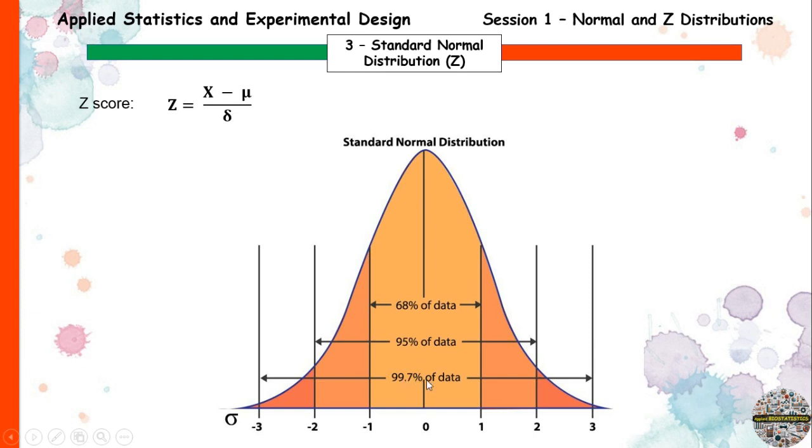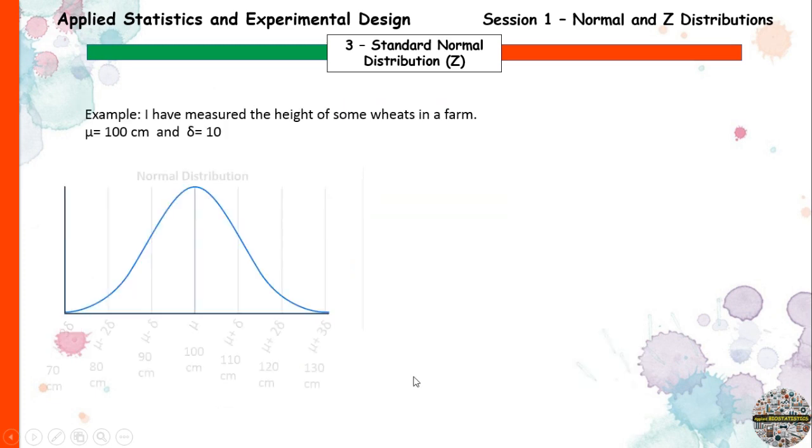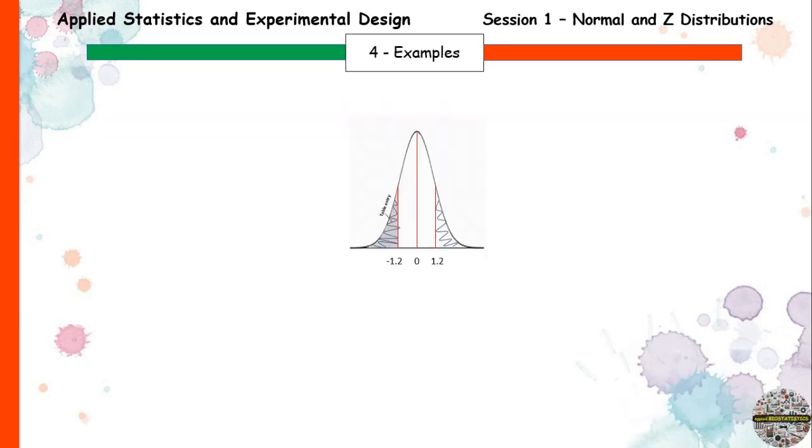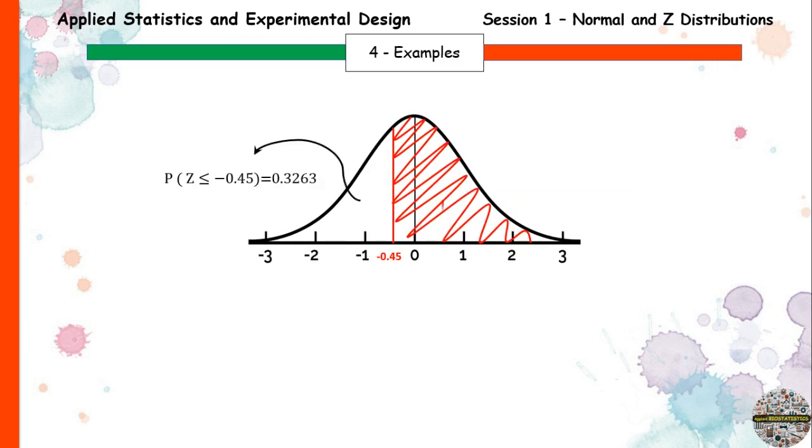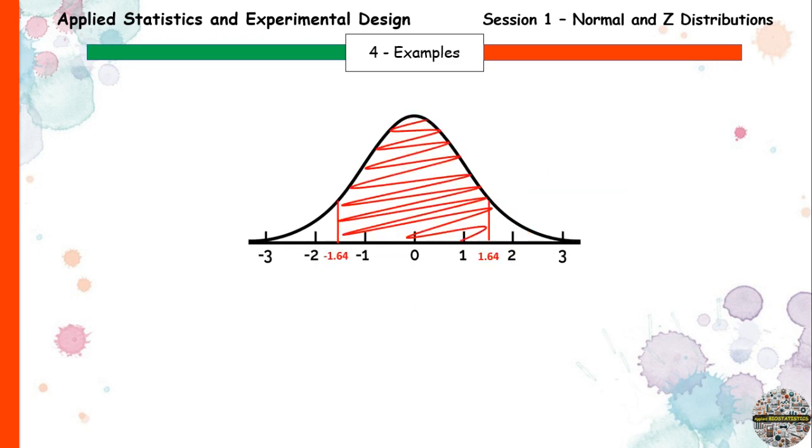And in the next examples I will tell you why the probability between, for example, minus 3 and 3 is 99.7%. So let's see the next example here, and this is another important one.